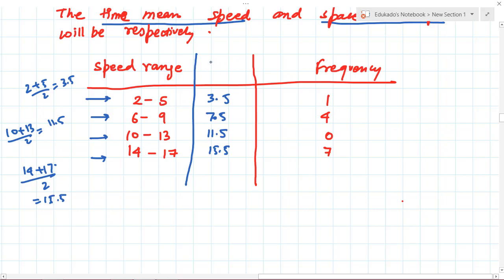Now what I have here are the velocities. I can call them v1, v2, v3, and v4. At the speed of v1, only one vehicle was moving, so this is the flow. I can call them q1, q2, q3, q4.